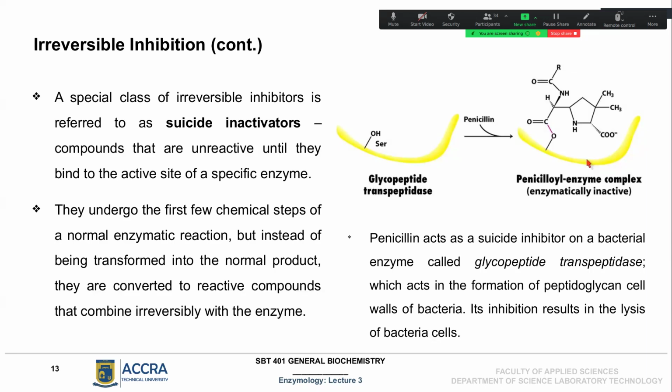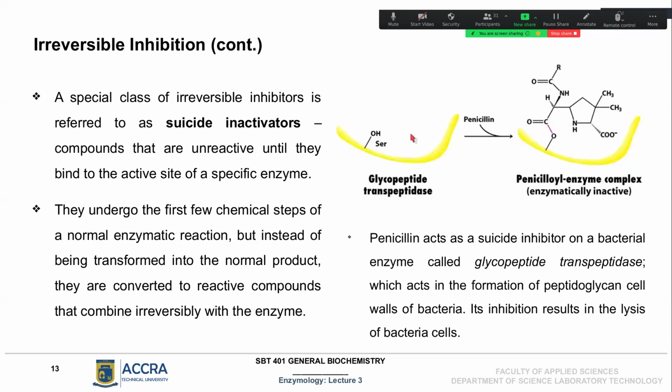Now, if this was, say, toxicology, that sort of reaction between penicillin and the enzyme, we refer to as something like lethal synthesis, or maybe there's another term which is used, say, suicide metabolism.